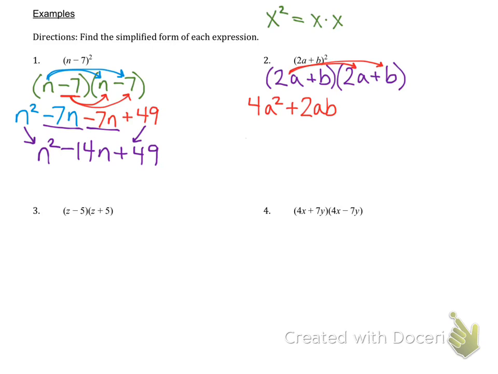Next, I'm going to distribute that b to everything in the second set of parentheses. So b times 2a is a positive 2ab. So I always want to write the number first and then go in alphabetical order. So that's why I wrote a, then b. And then b times b is b squared, so plus b squared.